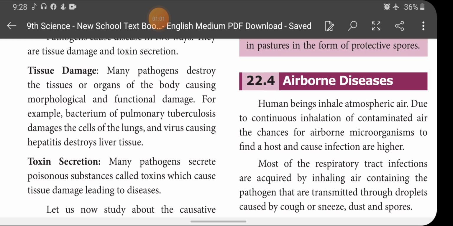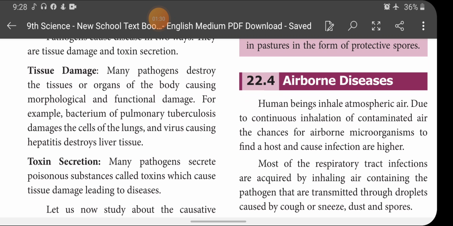So here, some of the pathogens cause damage in the tissues. And how does it cause damage? Many pathogens destroy the tissue or organ of the body, causing morphological and functional damage. For example, Mycobacterium tuberculosis is a bacterium.